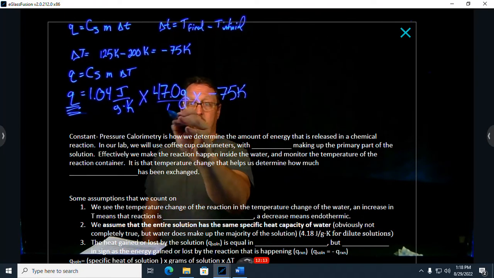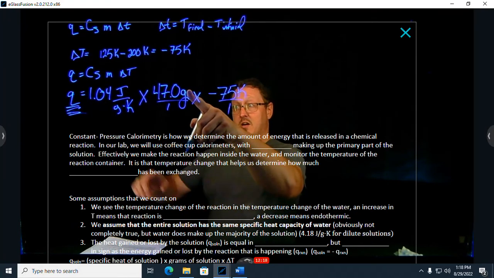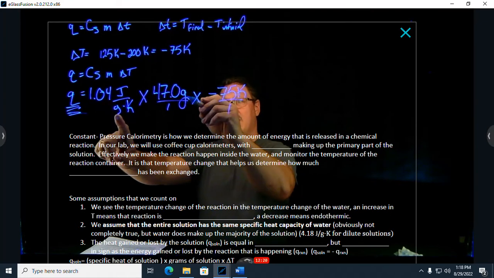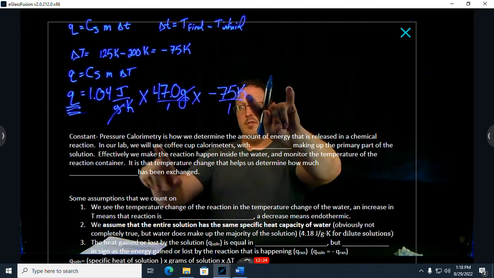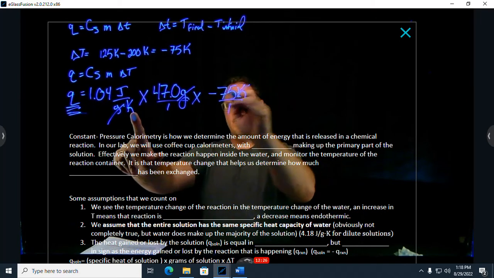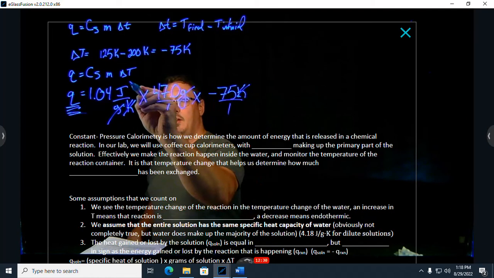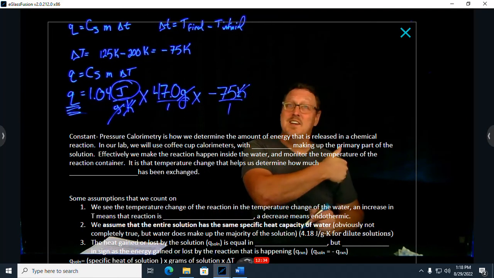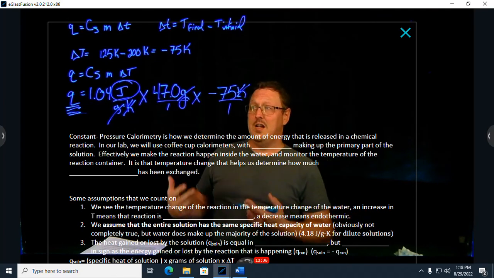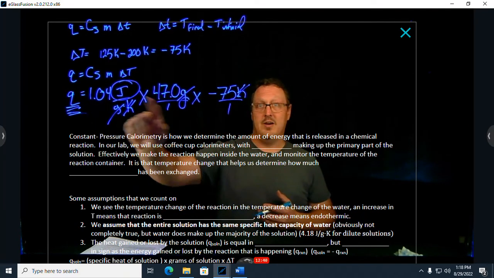I can put this over 1 to show you that. Here I have grams in the denominator, so the units of grams drop out. Same thing with Kelvin, numerator, denominator, so that is gone. This is going to leave behind just a unit of joules. Excellent. That means that we set it up right. We multiplied the pieces right, because all we have to do is multiply that times that times that, and it's going to leave behind a unit of joules.